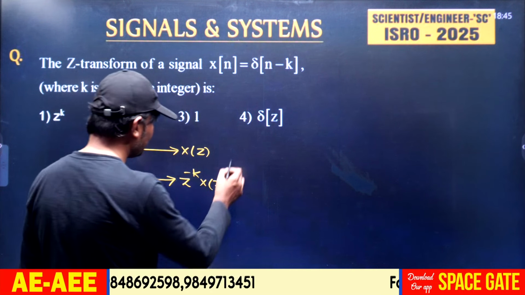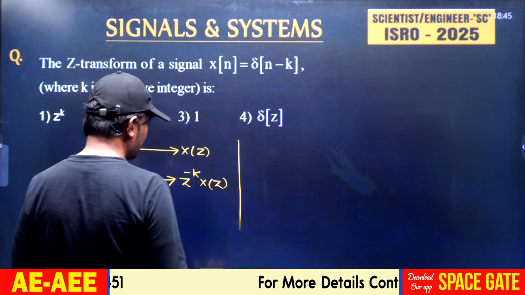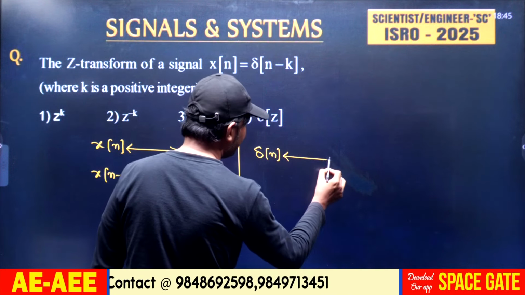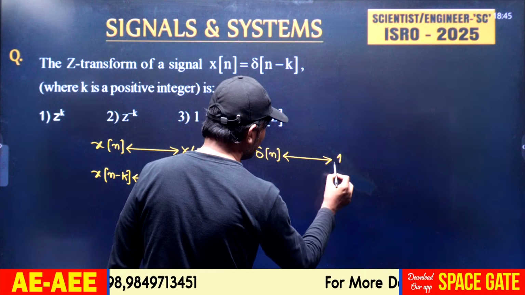This property we can use, according to which, what is the Z transform of del of n? Del of n Z transform is 1.